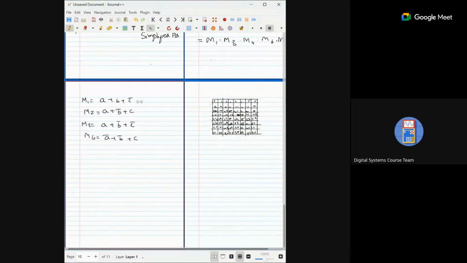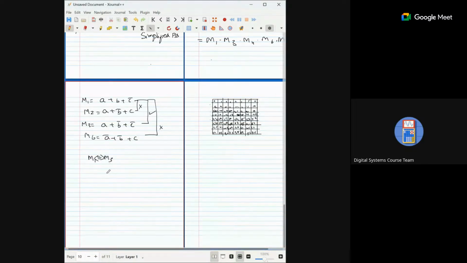So when you compare these two things, they are adjacent. Comparing these two things, they are not adjacent. So M1 is adjacent with M3.